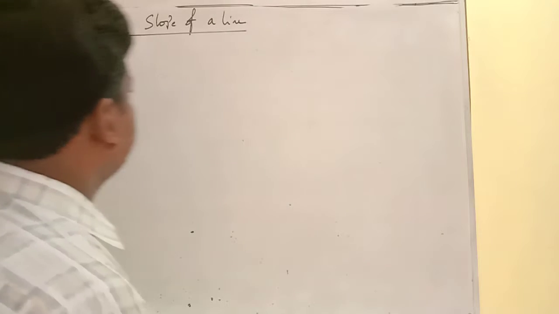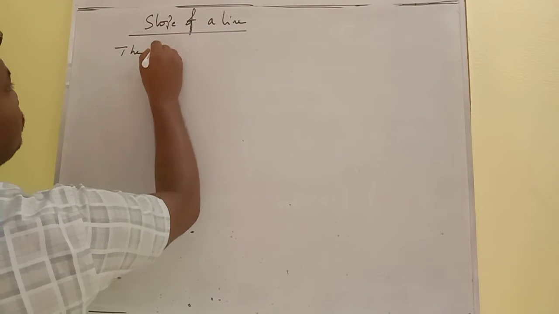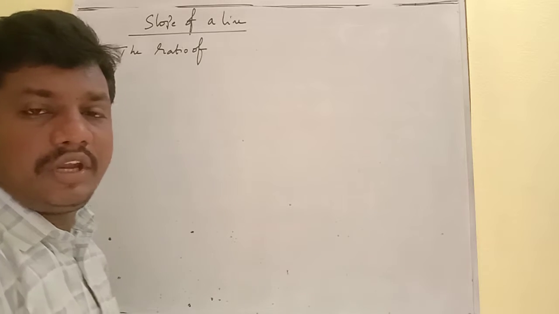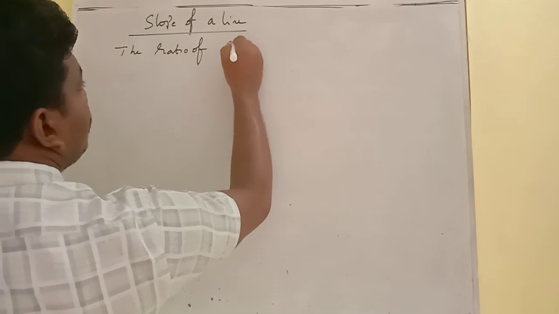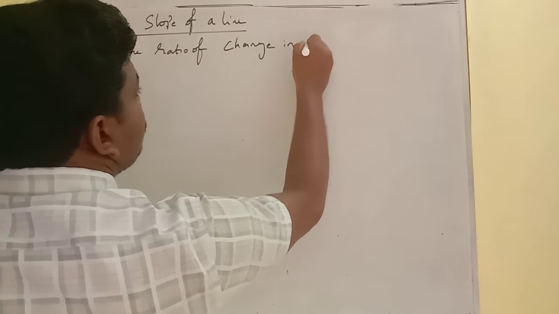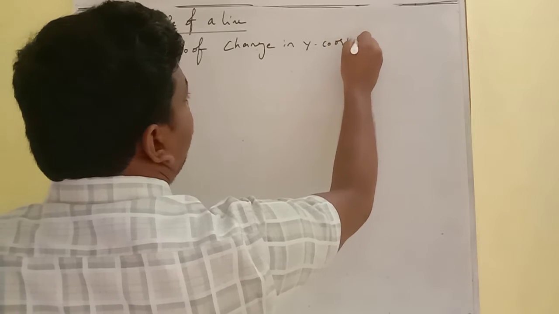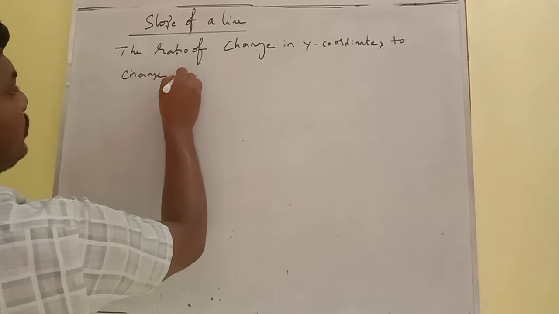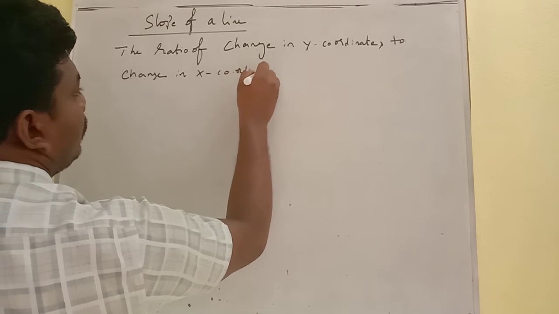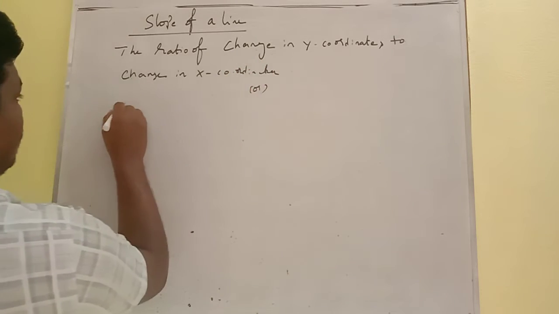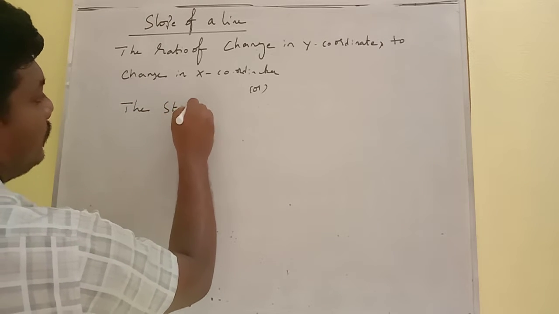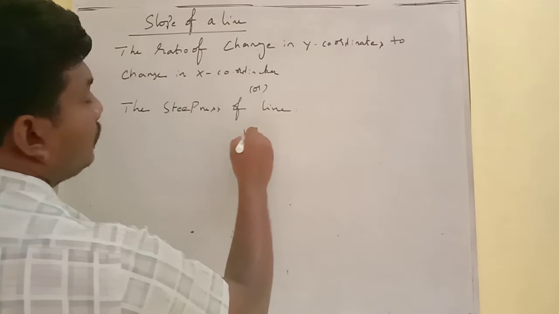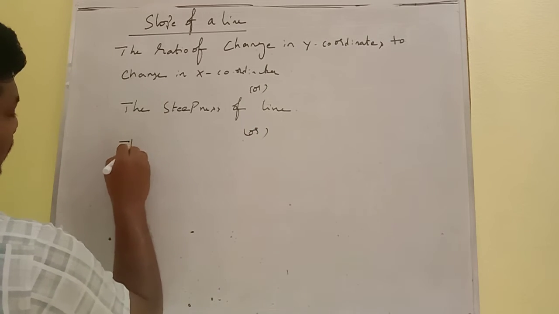A slope is nothing but the ratio of change in y coordinates to change in x coordinates, or the steepness of the line, or the gradient of the line.